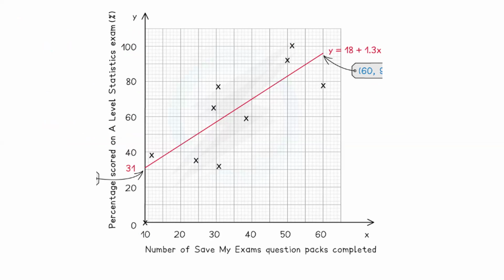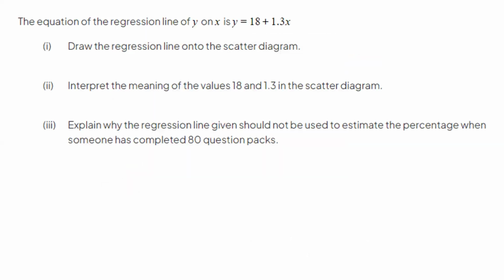Now look here. Do you remember how a best fit line is always drawn by imagination? But how did we draw the equation of a straight line on a graph? Like 18 plus 1.3x is a line.